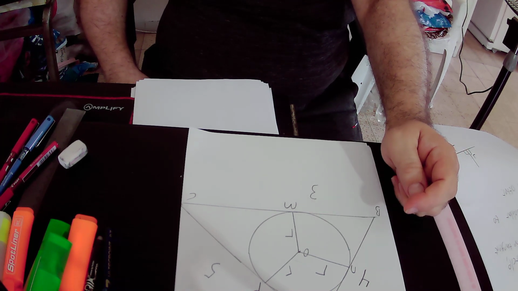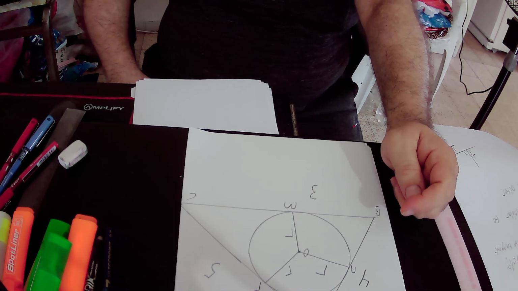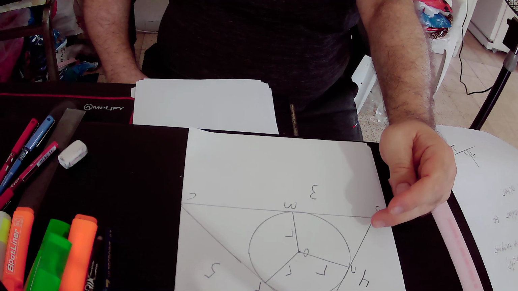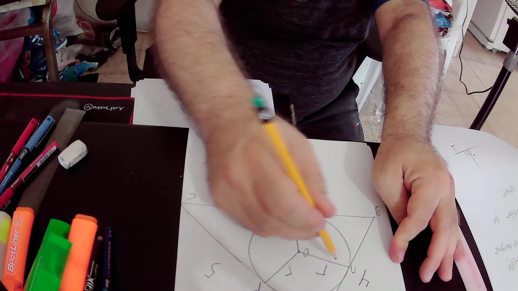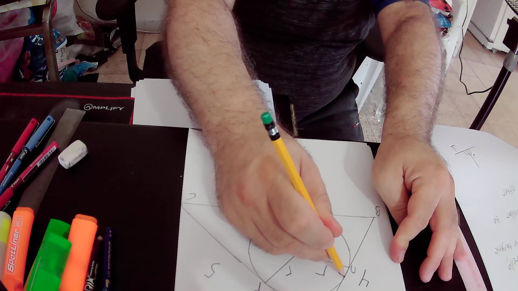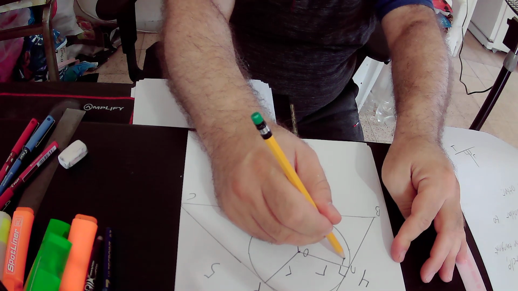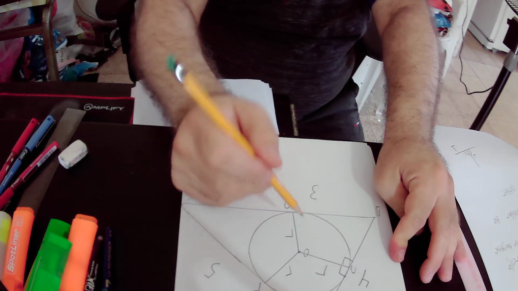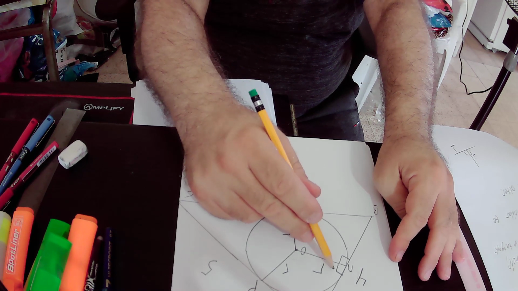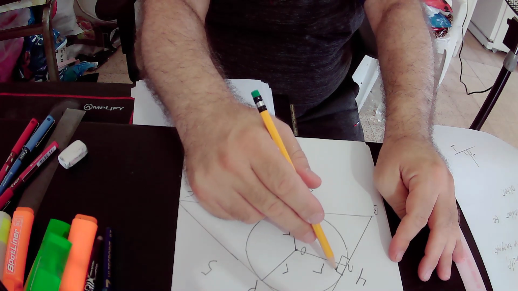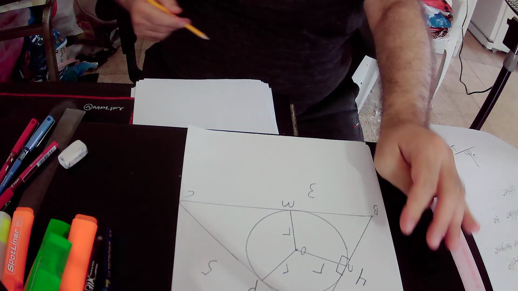For this reason, actually the radius is perpendicular to the tangent. That is to say, angle ONA equals 90 degrees and also angle ONB equals 90 degrees. Because in any circle the radius is perpendicular to its tangent.